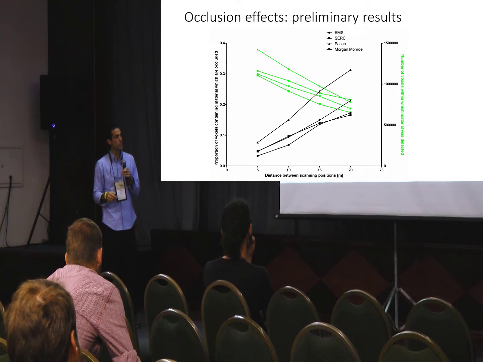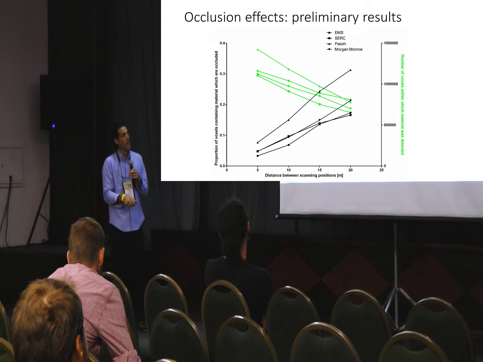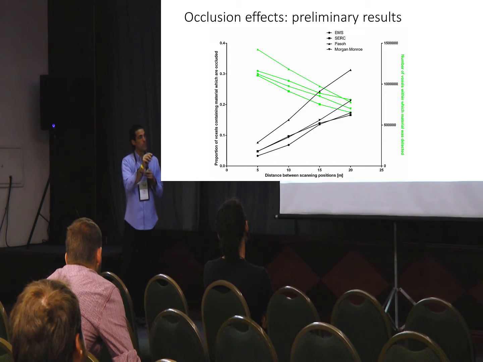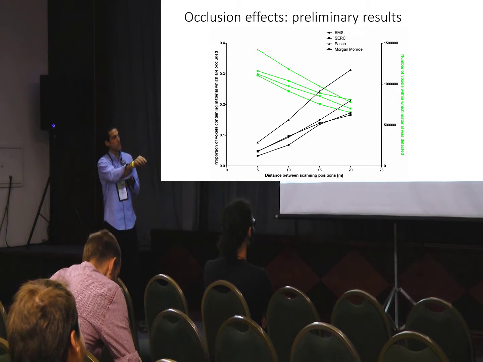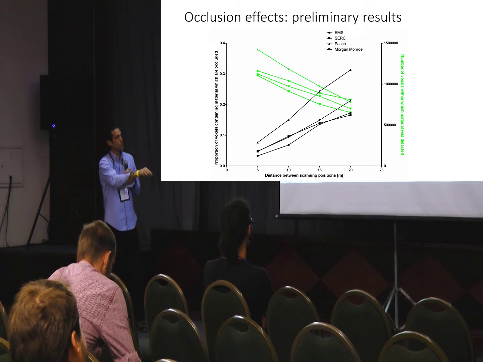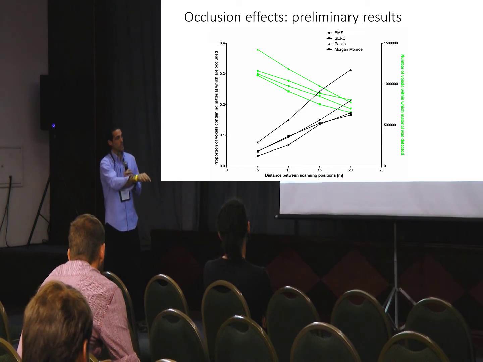And these are the preliminary results I'm getting for the 4 sites I showed at the beginning. The one thing I'm learning from that is, of course, the proportion of occluded voxels in percentage levels goes down with the scanning density.